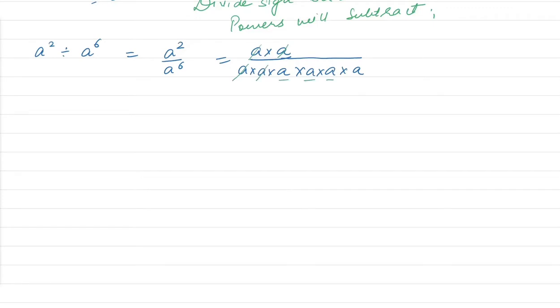So 2 a's will cancel at the bottom, leaving 4 a's, or we can say 1 over a to the power 4, or 4 times a, or a to the power 4. And similarly, we can write it as a to the power minus 4, because 1 over a to the power 4, when it goes to the top, becomes minus 4.